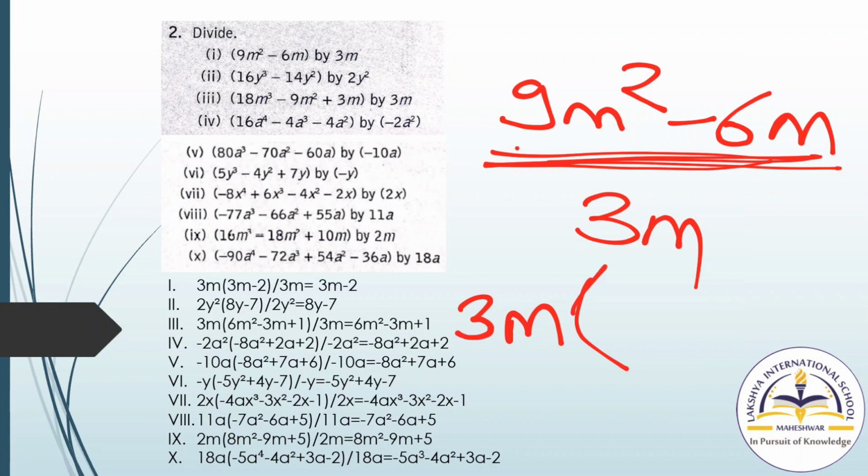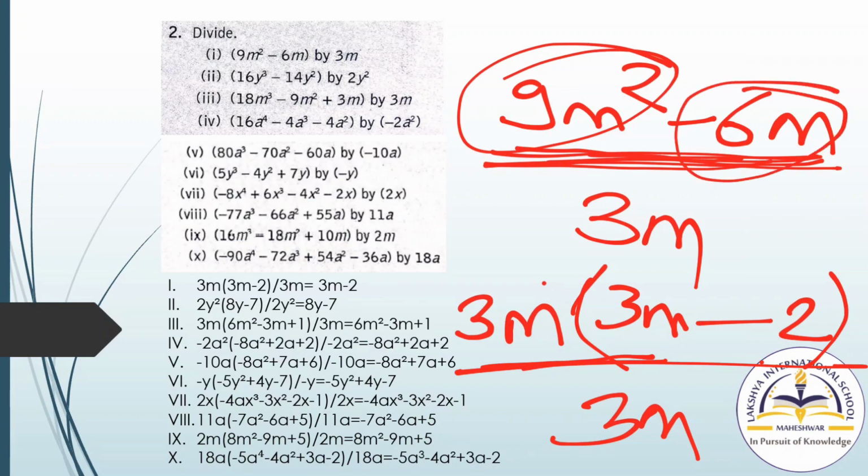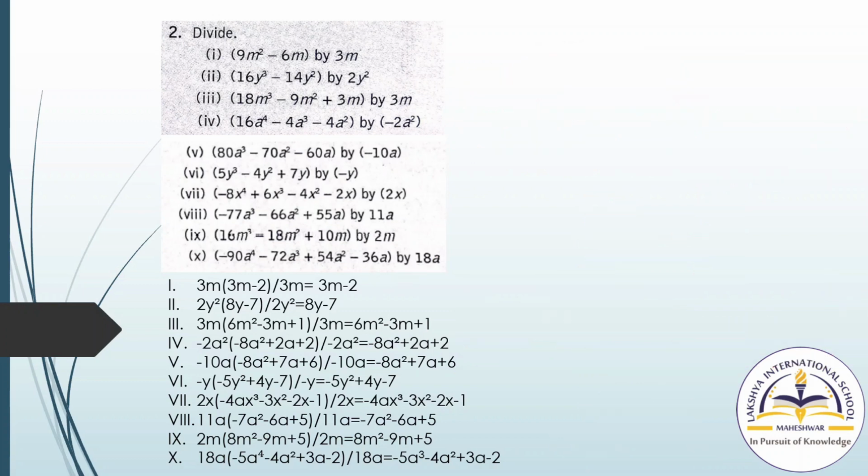Here when we take out 3m, we get 3m minus 2 over 3m. Now when you multiply 3m into 3m, you will get 9m square, and when you multiply 3m to 2, you will get minus 6m. So we have written it in this form. Now we can cancel out 3m and 3m. The remaining one is 3m minus 2, which will be our answer.